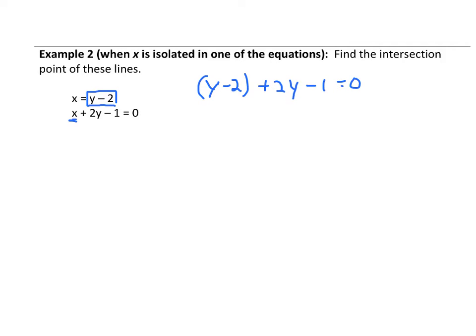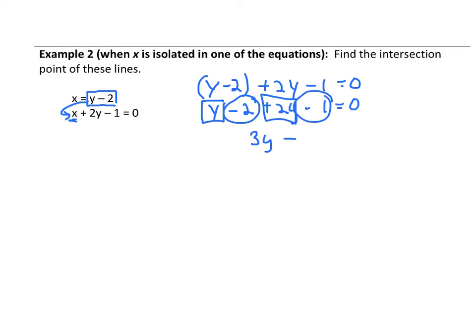So just taking and substituting that entire thing for x, because that's what x equals. Then these parentheses can just go away, and I'm going to combine like terms and then solve for y. So combine the y and the 2y, I get 3y. Combine negative 2 and negative 1, I get negative 3 equals 0. Then add 3. So I get 3y equals 3, which means y is equal to 1.